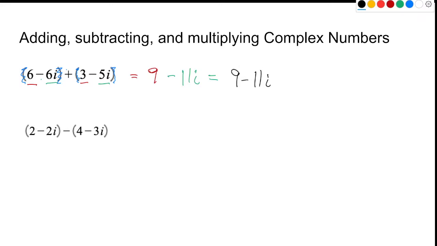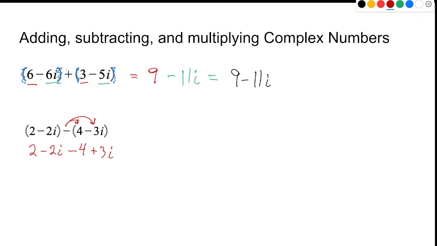How do we subtract? Similar, except we have to be careful that multiplying through by a negative 1 changes the sign of each of these. So we distribute through as we take off these parentheses, and we rewrite this as 2 minus 2i, minus 4, and a negative times a negative is plus 3i. That's the biggest error I see: not distributing through. Some students will take that negative, distribute to the 4, but not to the negative 3.